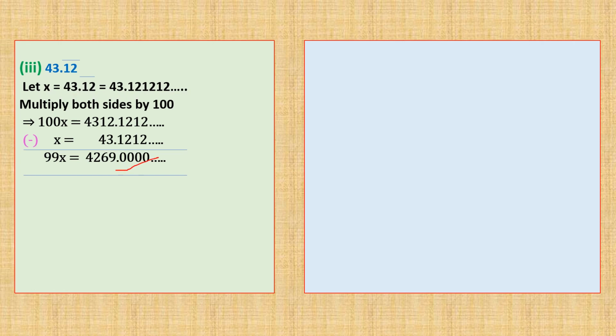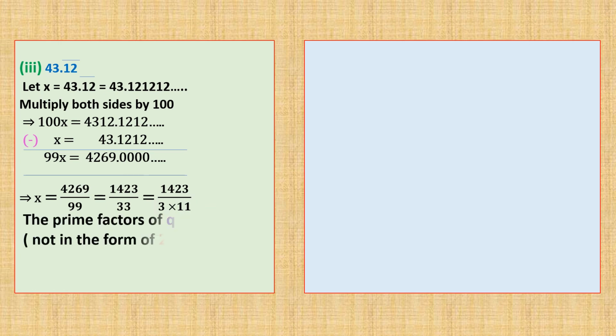After the point, if there are only zeros, there is no need to write them, so x equals 4269 by 99. I can cancel this by 3, and write 33 as the prime factors 3 into 11. But it is not in the form of 2 power m into 5 power n, so I cannot say that it is a terminating decimal.